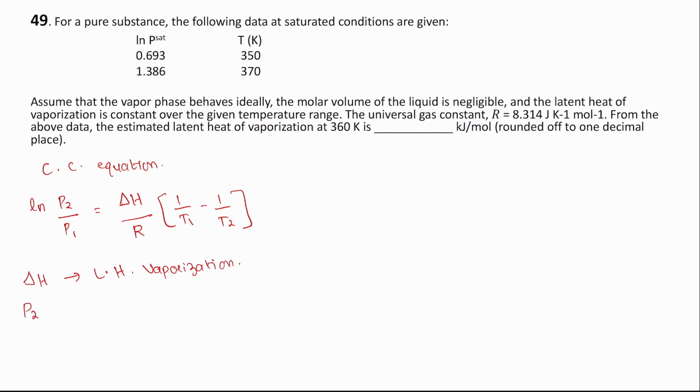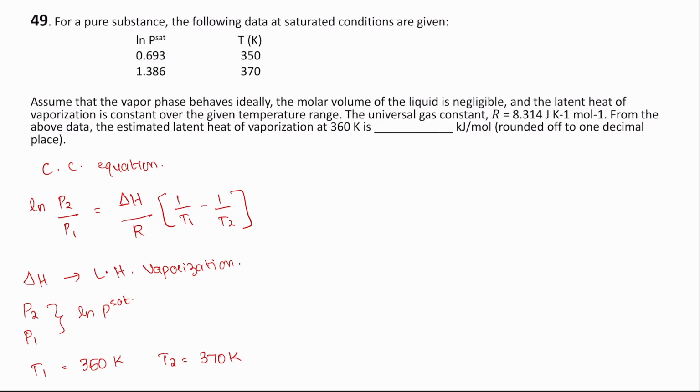So from the equation, the pressures P2 and P1, both of these are given in their logarithmic forms as ln P saturation. The temperatures in the question, T1 is given as 350 Kelvin and T2 is given as 370 Kelvin.